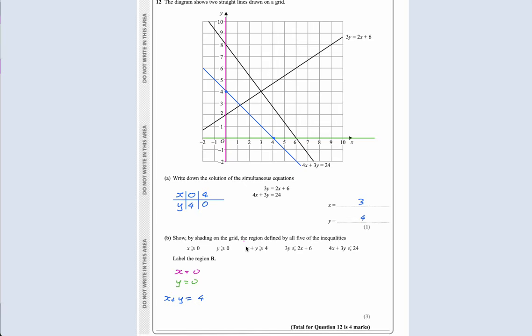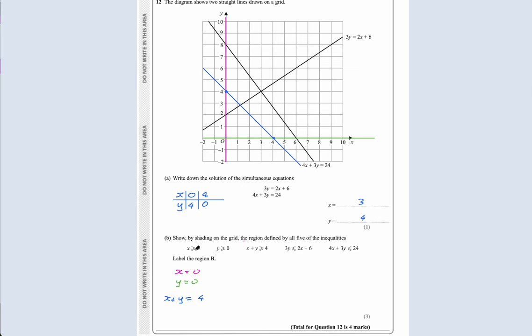Next thing is to find out, where do I shade? One thing to note is there are a few regions they might give us, so we have to be careful. I need to look at each of these. The first one, x is greater than 0. So this is the line x equals 0.